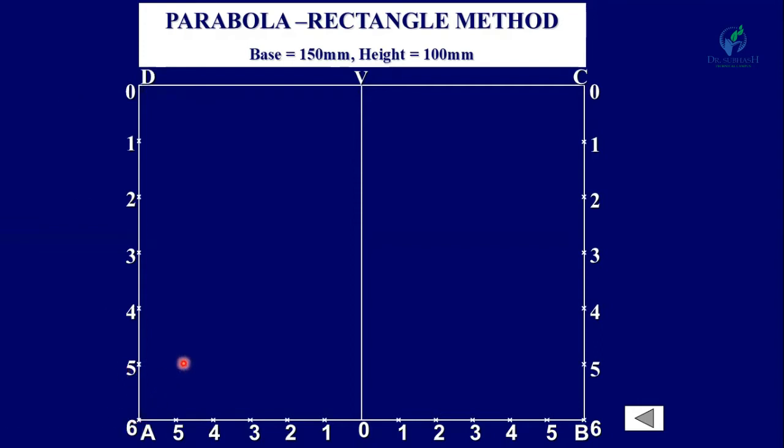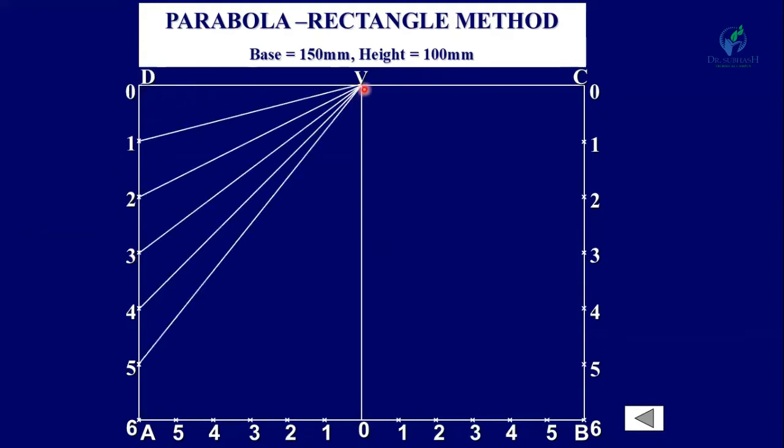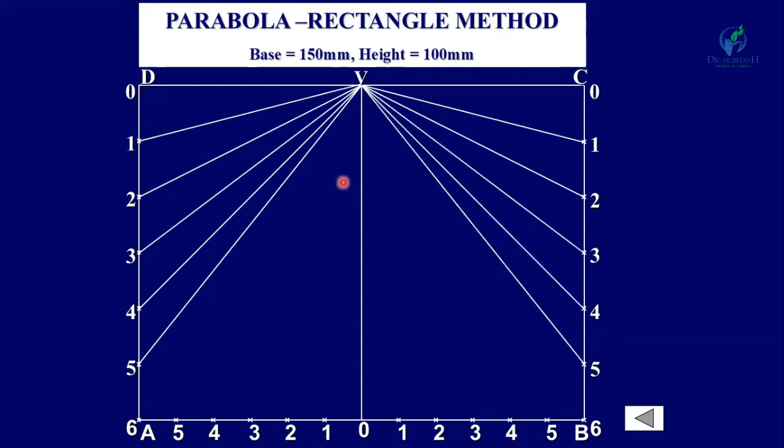You have to remember that if the number of points on the horizontal line is 6, you have to add the same number of points on the vertical line also. Now the next step is to join V with all these points: V1, V2, V3, V4, V5. Similarly, on the other side, join V1, V2, V3, V4, V5.